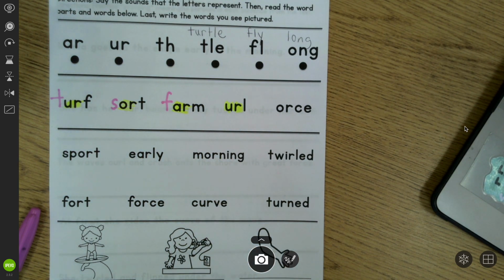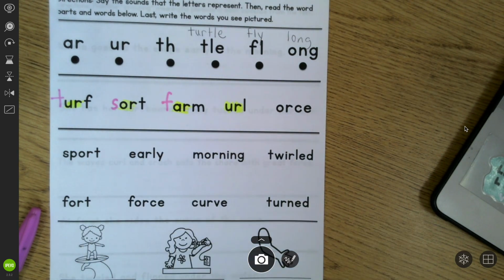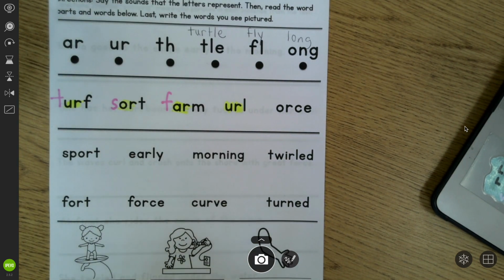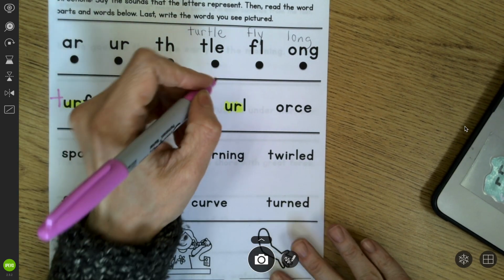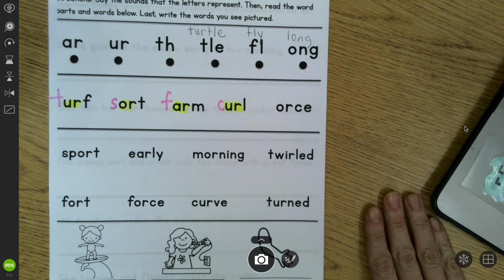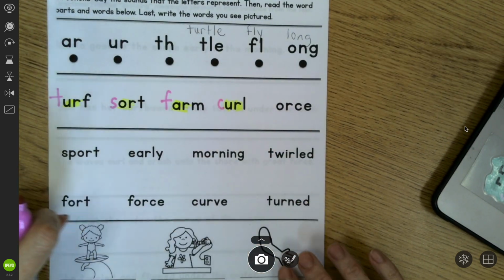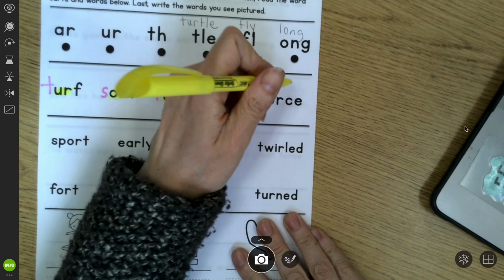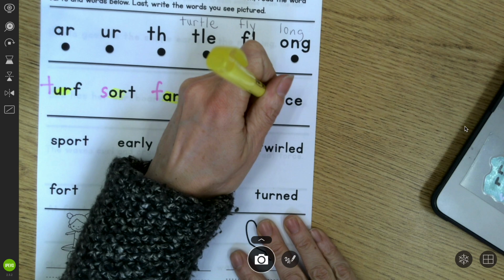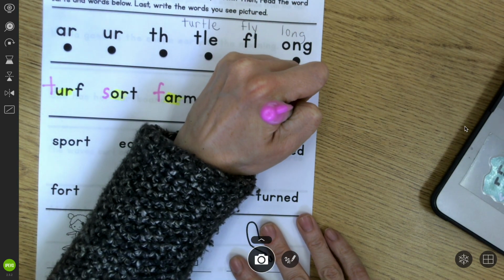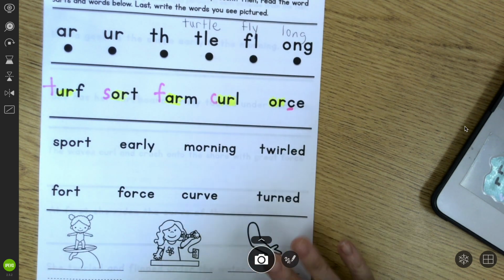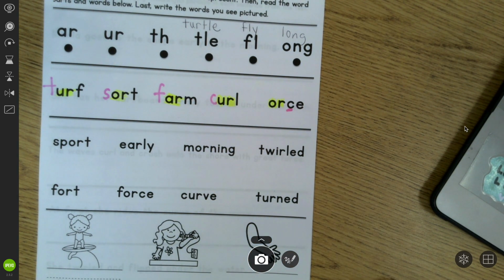Here's our U-R, with an L, Earl. Vanessa likes to blank her hair. Curl. Ooh, and then I love this. So we have O-R, our or. And remember, when a C comes before an E at the end of a word, what sound does it make?